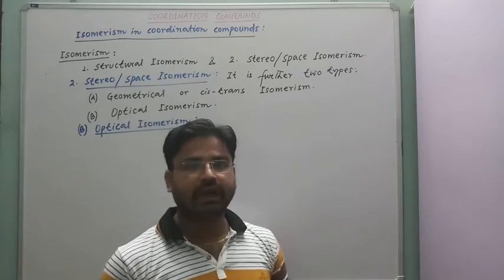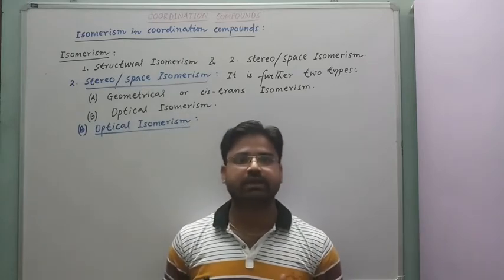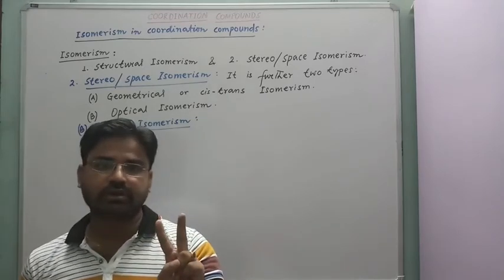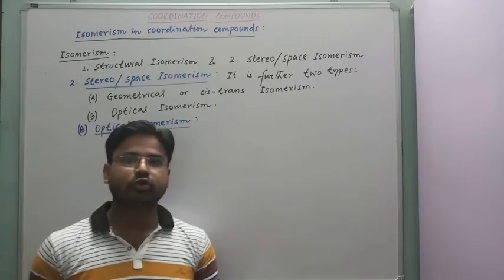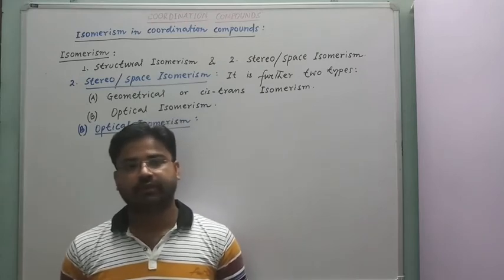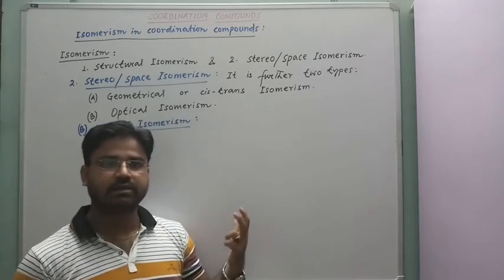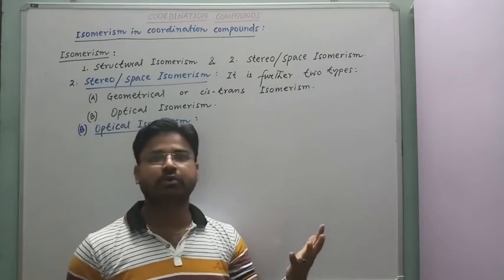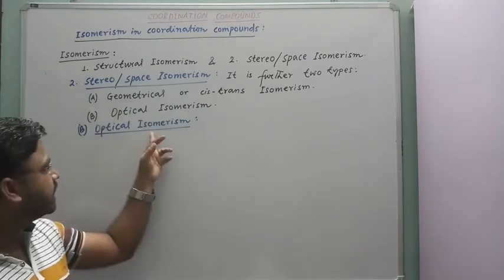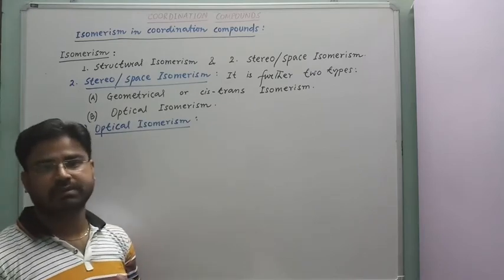An optical active substance is that which can exhibit such two structures which are non-superimposable mirror images of each other. So if any substance gives non-superimposable mirror image, then that substance is known as optical active substance.